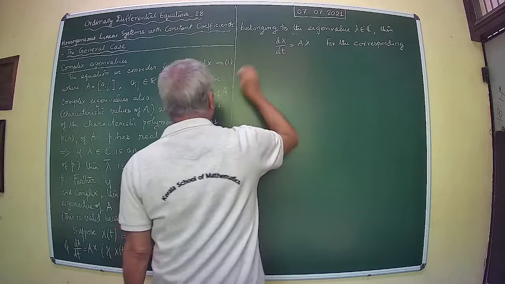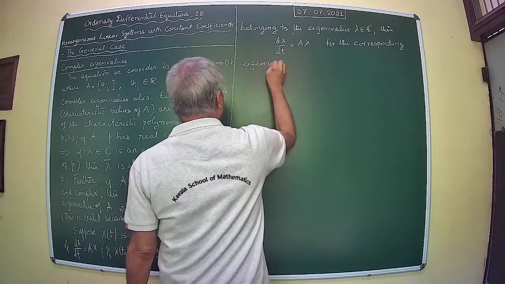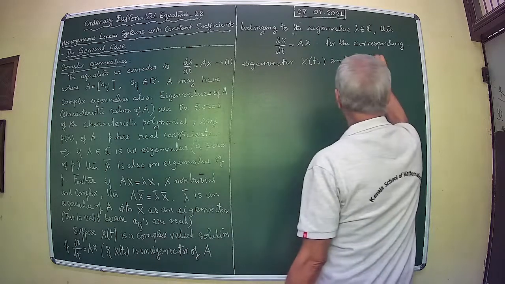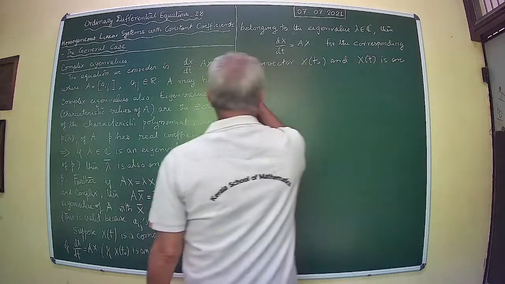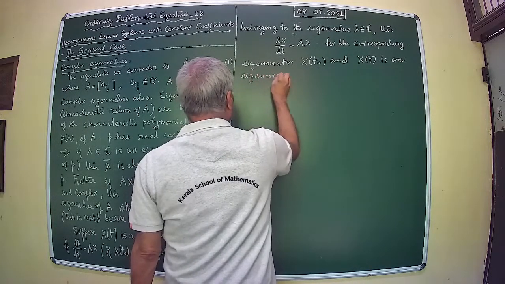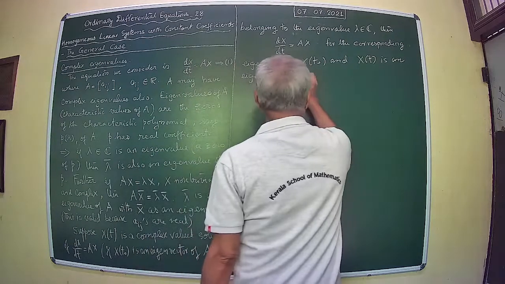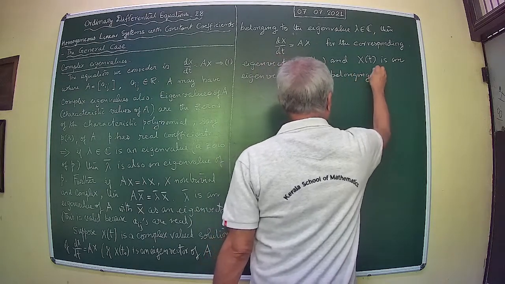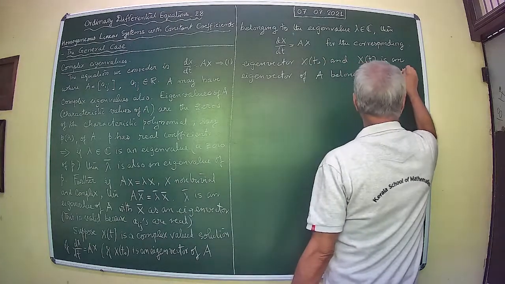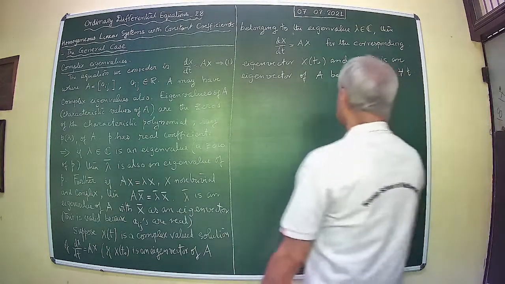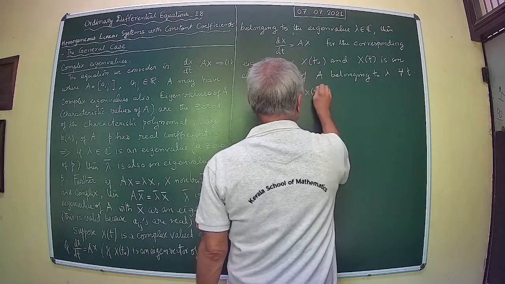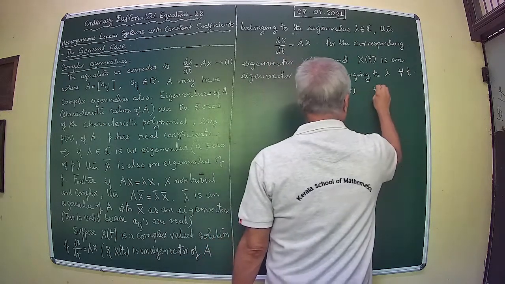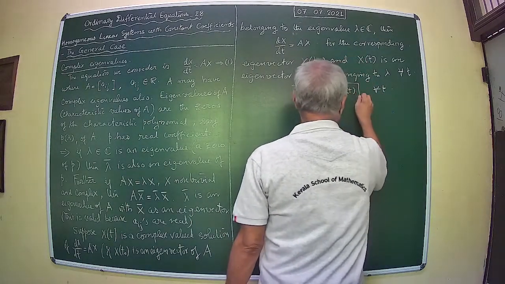Corresponding eigenvector, and x(t) is an eigenvector of A belonging to lambda for each t. So this is something that we have seen, and they are complex.